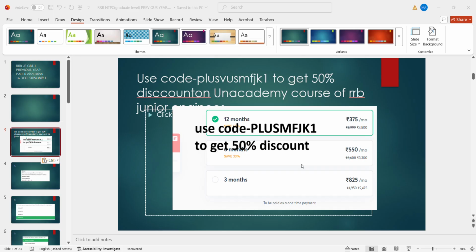If the real number is x, then 1.5x is 2820. The value of x will be 1880.